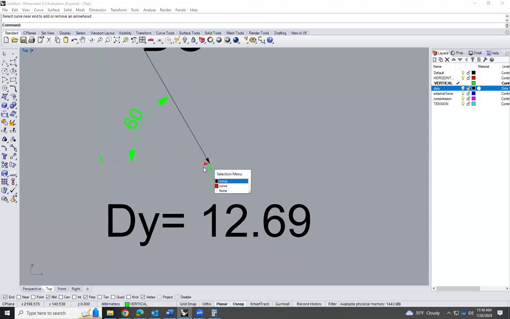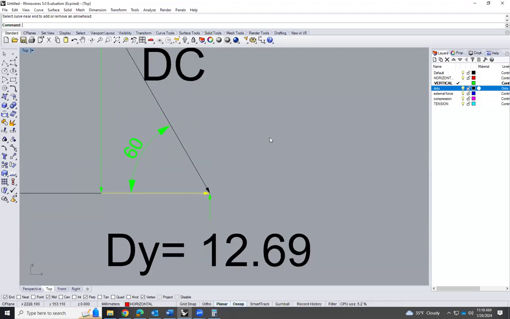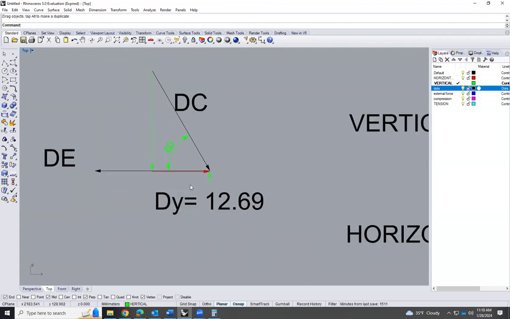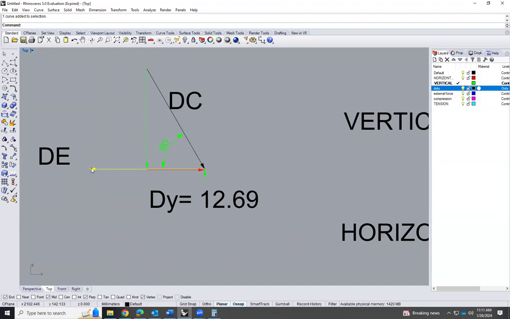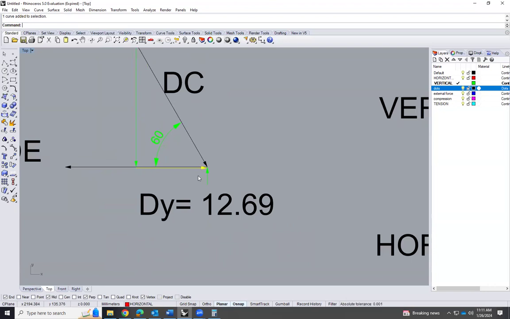I'm going to move it slightly so that you can see that we have this horizontal component there. Okay, so we have a horizontal component. We have DE going, in this case, left, and we have the horizontal component of DC going right.